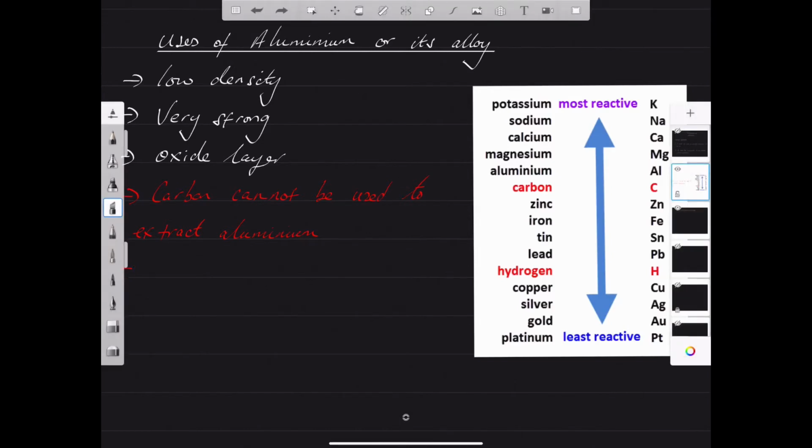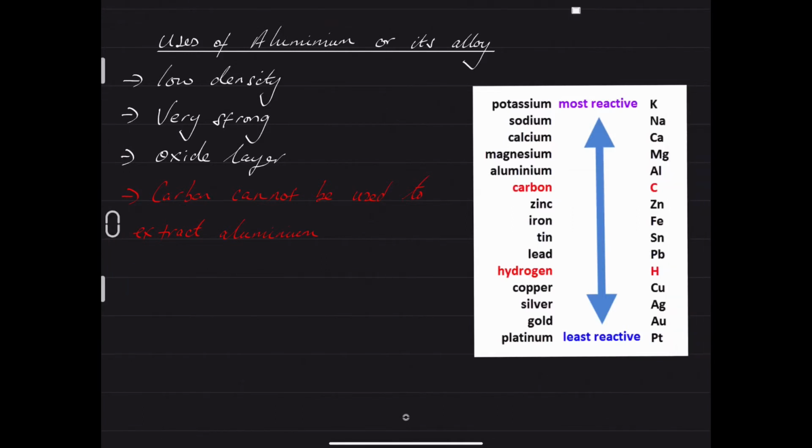So let's put that into an easier step to remember. Okay, so we have bauxite ore, which is mined from the ground. We purify that and we get aluminium oxide.